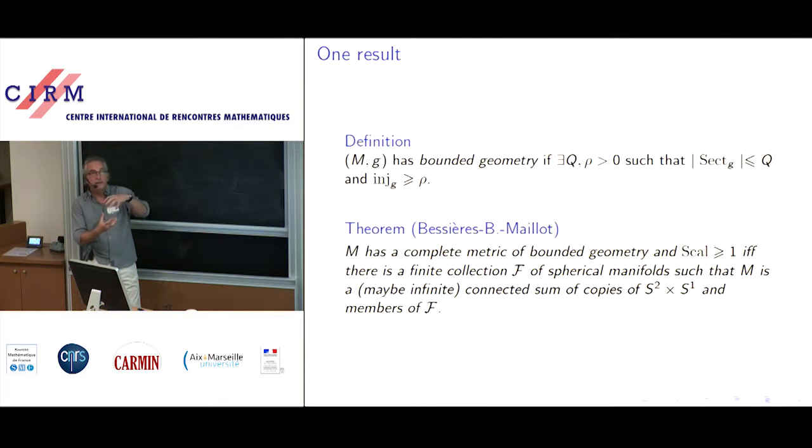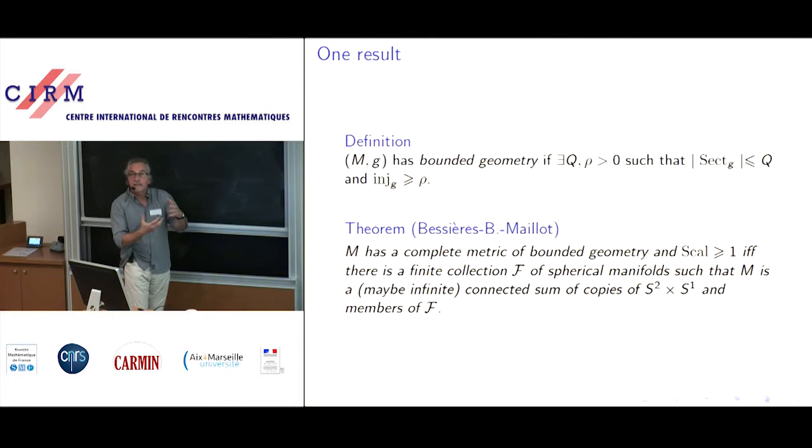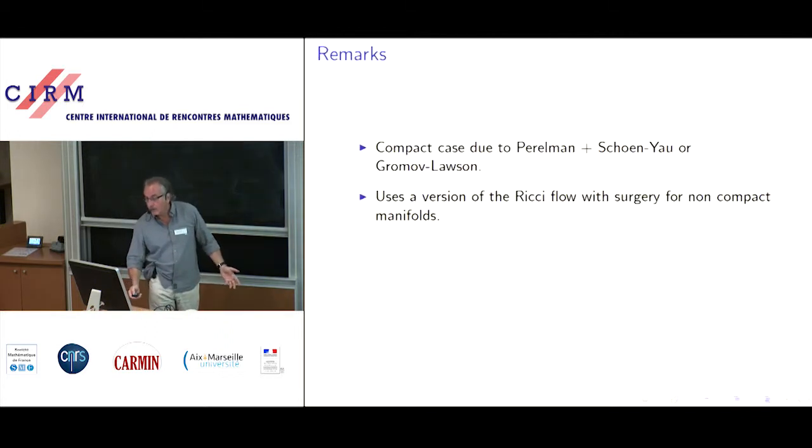If you take an infinite collection, then these lens spaces will have smaller and smaller injectivity radius. So if one wants to extend this result to the case where the injectivity radius is not bounded below, one should allow infinitely many building blocks and even maybe something else, which I don't know. So this is one of the main difficulties and why we are stuck here.